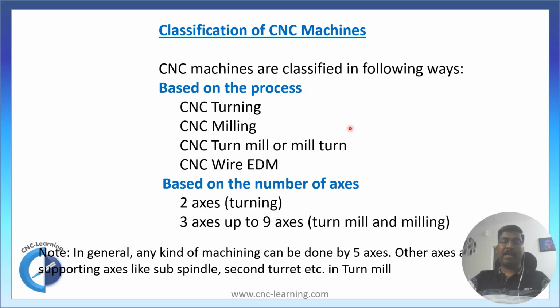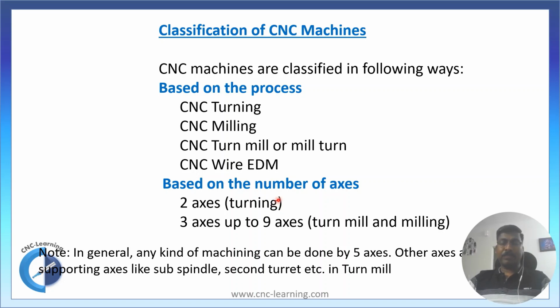Based on number of axes, two axes, that is the basic turning center, and that is the minimum number of axes, X and Z, and then further it goes up to say 9 axes. So a VMC with 3 axes, HMC with 4 axes, 5 axes, goes on like that.